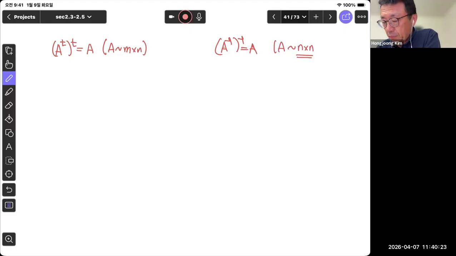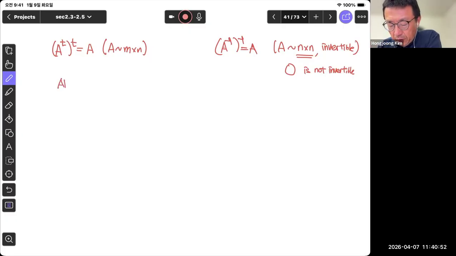Okay? And this matrix must be invertible. Not all n by n matrices are invertible. So for example, the zero matrix is not invertible. But in case of the transpose, I can take the transpose of the zero matrix.